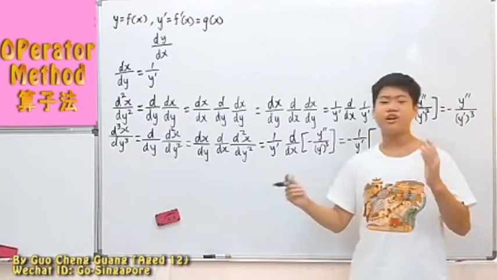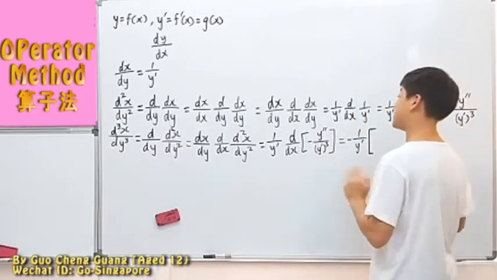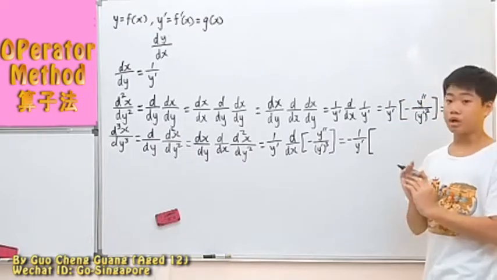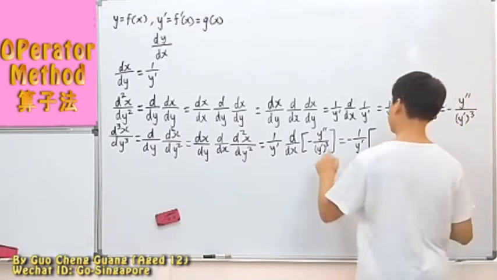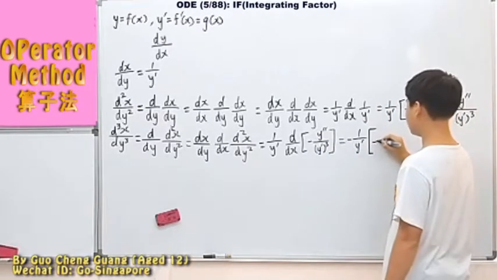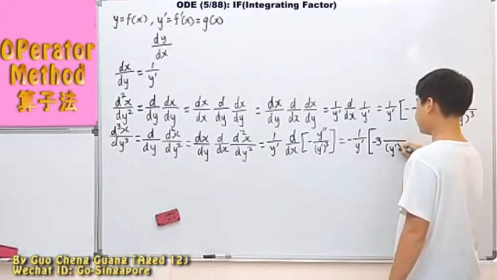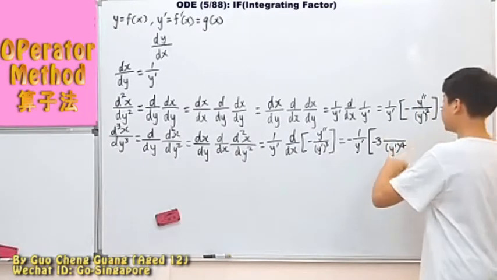Wait, isn't that very complicated? Why not we use something simpler? We use the product rule. So with the product rule, we're using -3 here, then below here will be to the power of 4, since it changes.